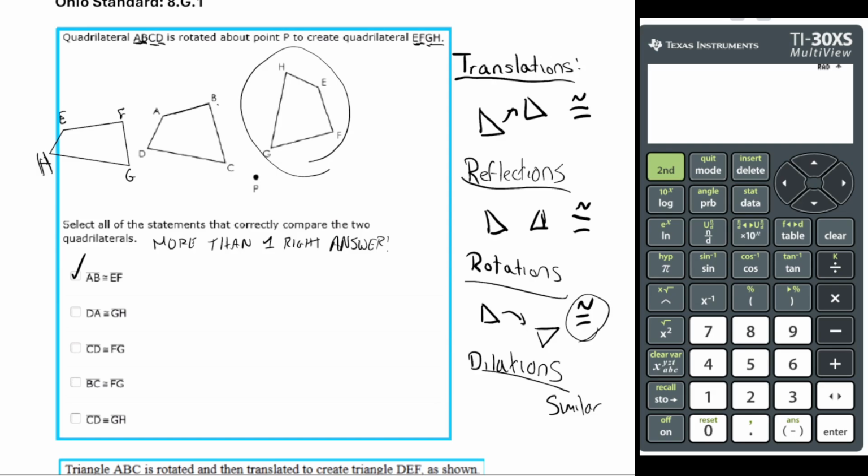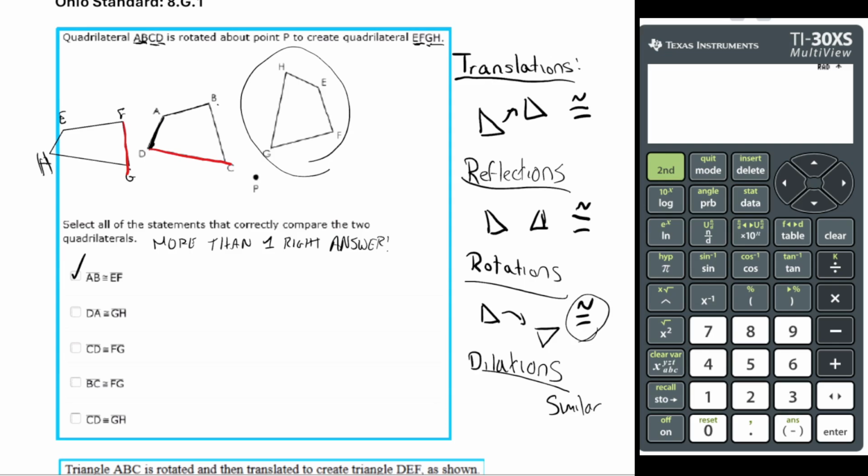DA, that would be this line. I'm going to change the color for this question. DA, which would be this line, is congruent to GH, which is this line. Is that the same line? No. So that goes away. CD, which would be this line, is congruent to FG, which is this line.